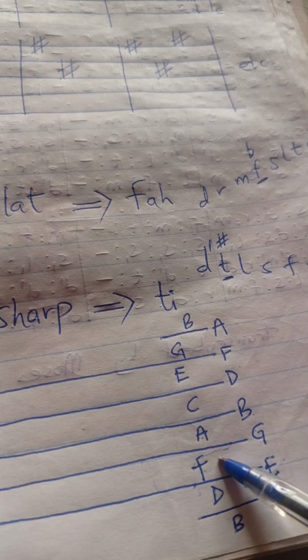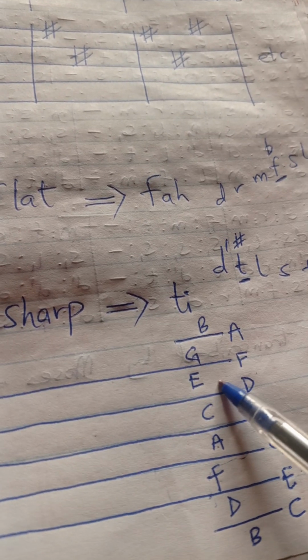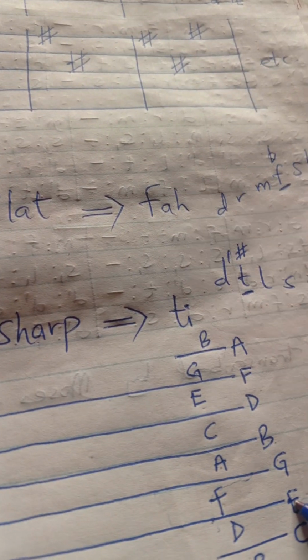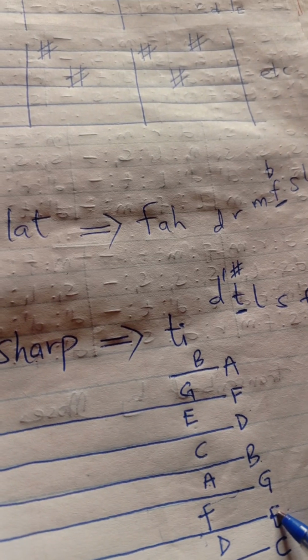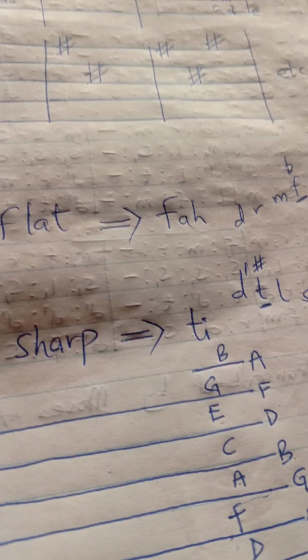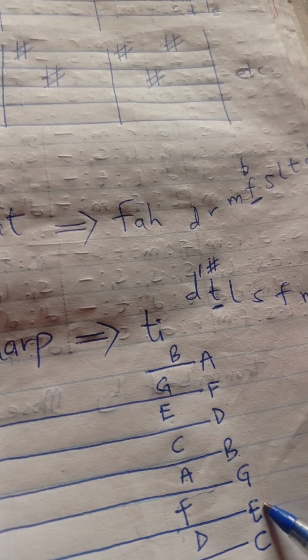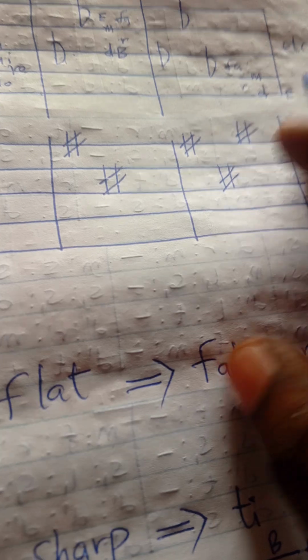You see, we have space 1, space 2, space 3, space 4. This space 4 is also E. So we have 2 E's on this stuff. E on the first line and then E on the 4th space. First line is E. The 4th space is also E.